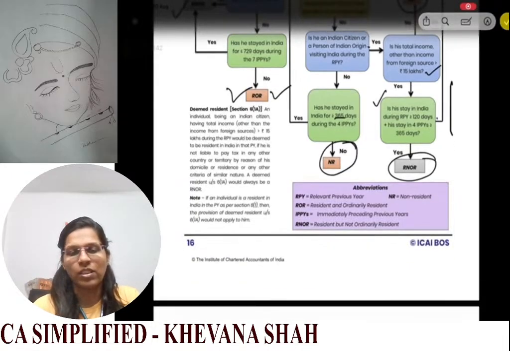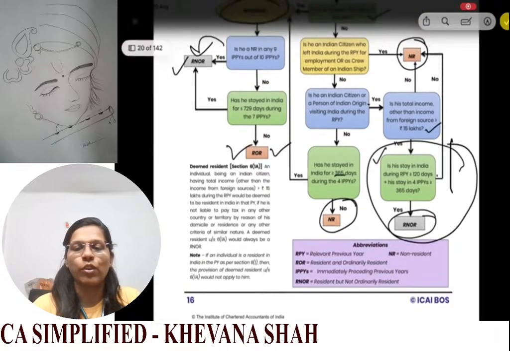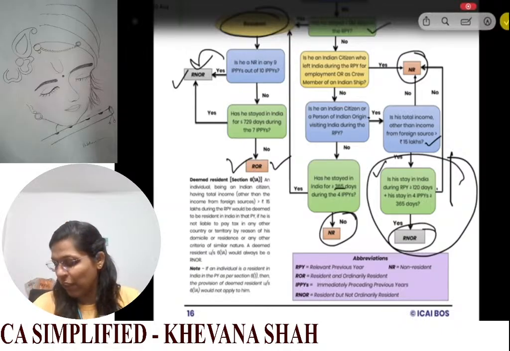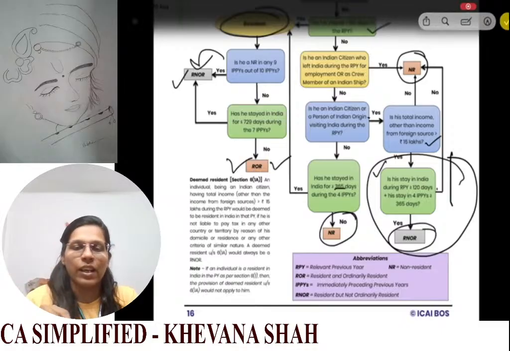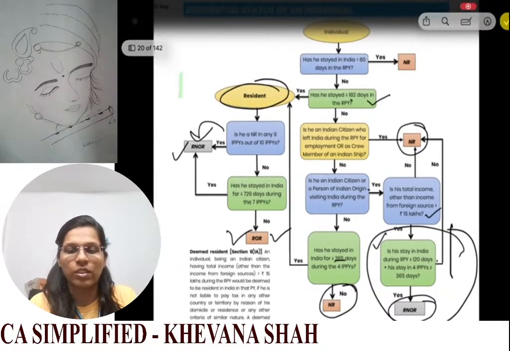Then we also have this concept of deemed resident that we have already done here. See, for any Indian citizen or a person of Indian origin visiting India during the relevant previous year, or a member of crew, we will be checking two things: if the Indian income is more than 15 lakhs, and the condition of that 182 days we will be replacing by 120 days.